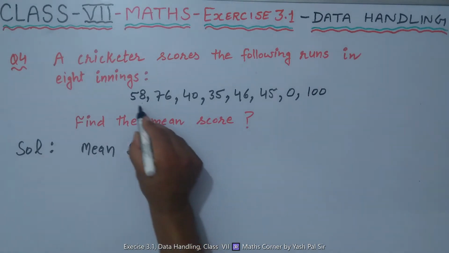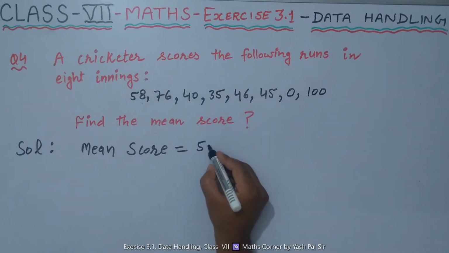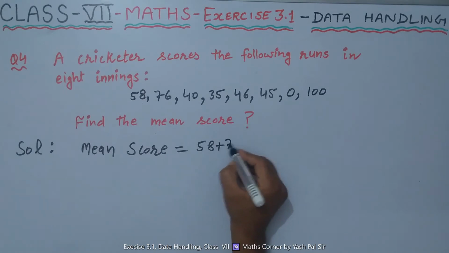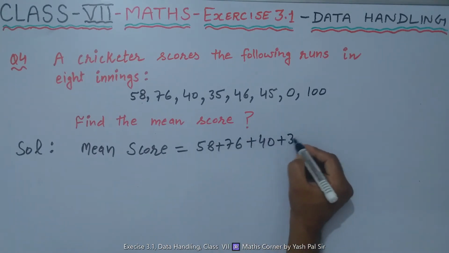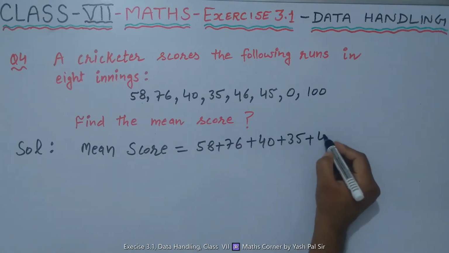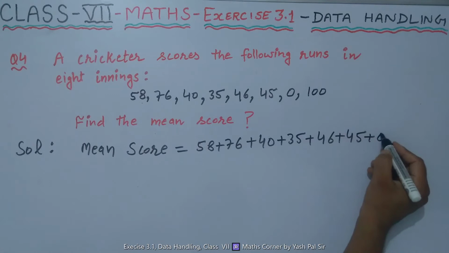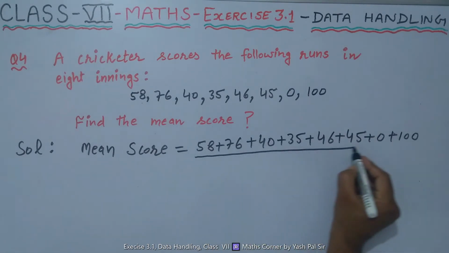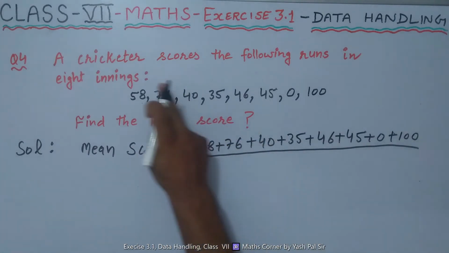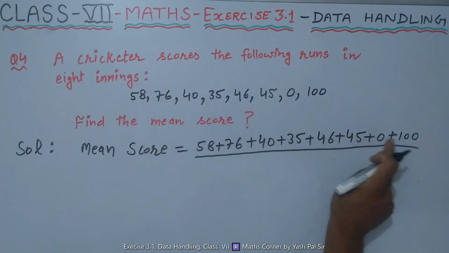is equal to, we add all the scores, 58 plus 76 plus 40 plus 35 plus 46 plus 45 plus 0 plus 100, whole divided by how many are there? 1, 2, 3, 4, 5, 6, 7, 8.